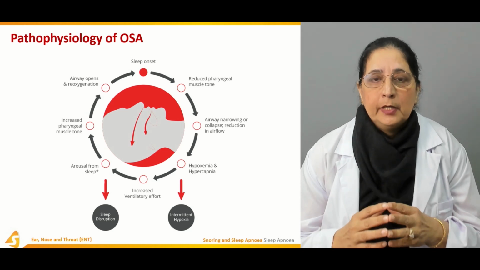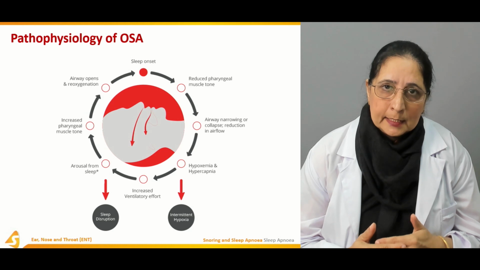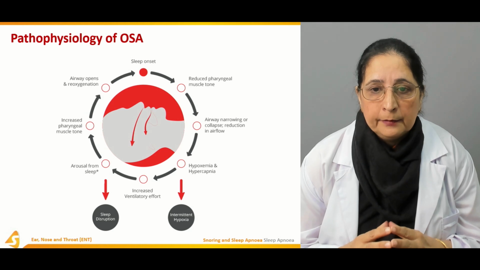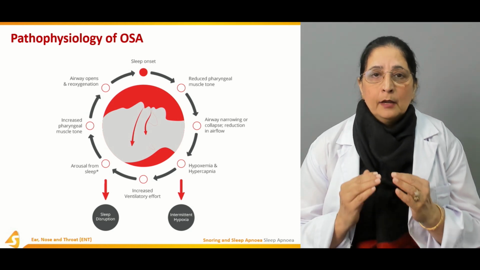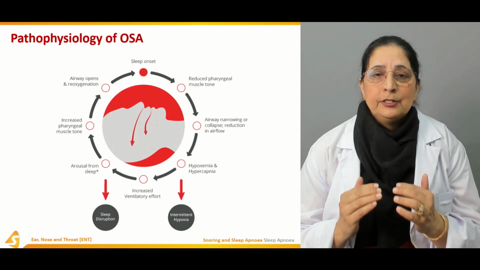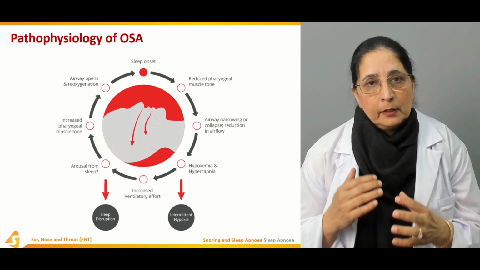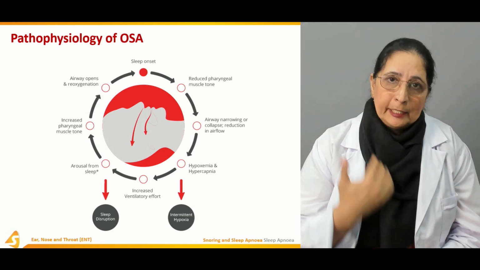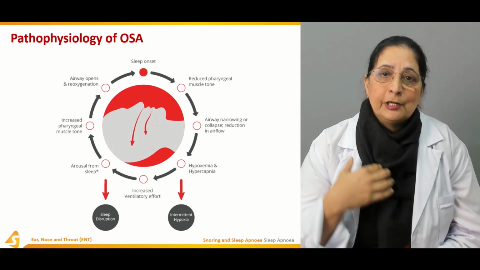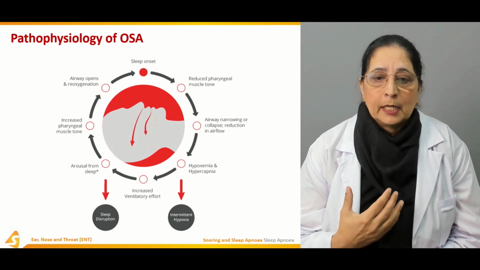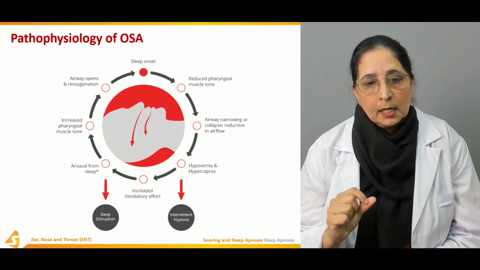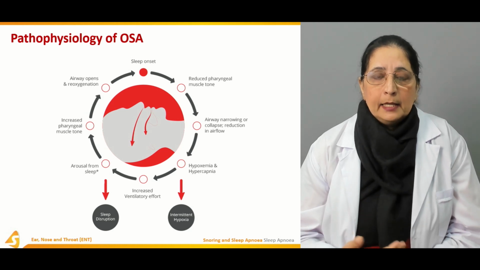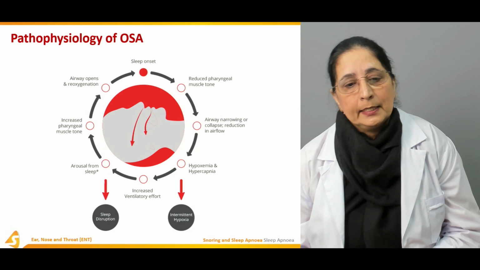The abnormality that occurs during the sleep: as the person falls asleep, there is relaxation of the pharyngeal muscles, and the tone is decreased. This reduced muscle tone causes obstruction of the airway, and when the airway is obstructed, there is decreased intake of oxygen and increased build-up of carbon dioxide. This causes hypoxia, and then the patient tries to overcome that. They increase the effort, and this causes disruption of the sleep.